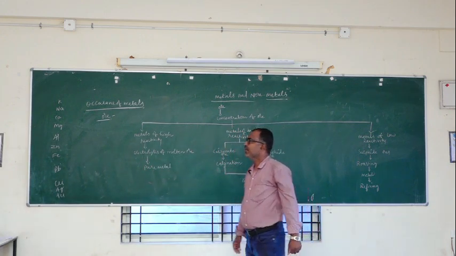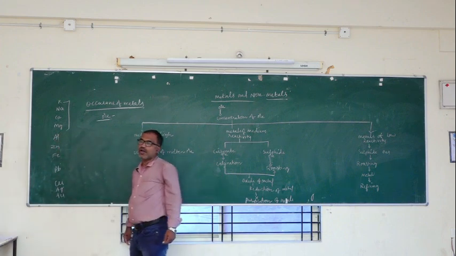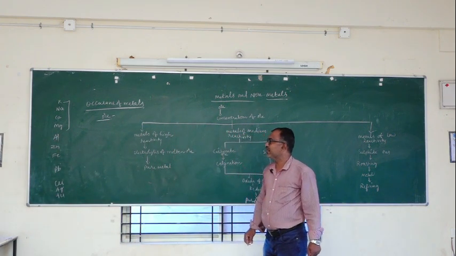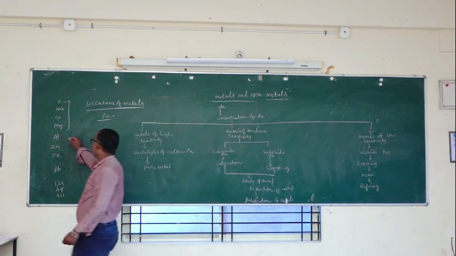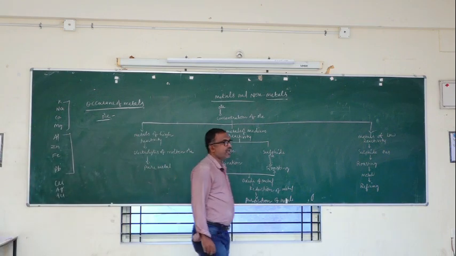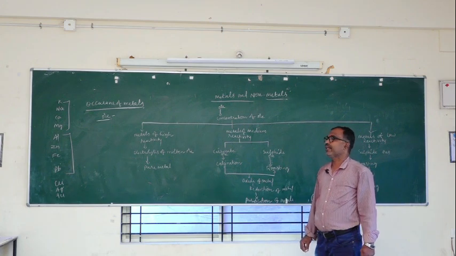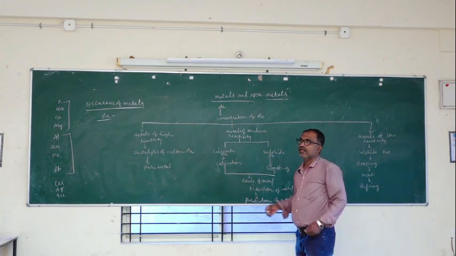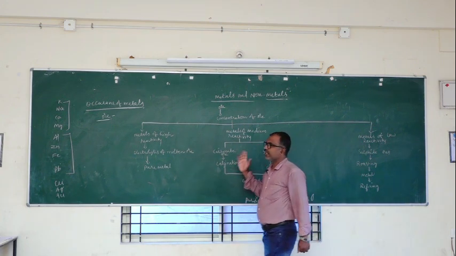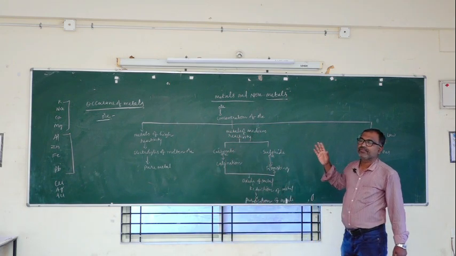For example, these are all highly reactive metals, from here these are middle reactivity metals, and lastly at the bottom there are low reactivity metals. So here is a table. By this method we are going to extract the metals.